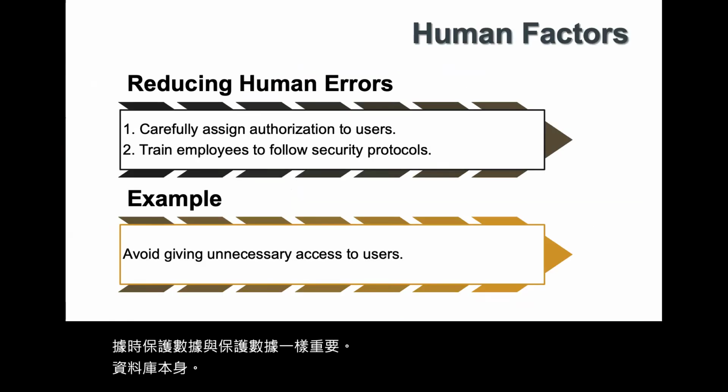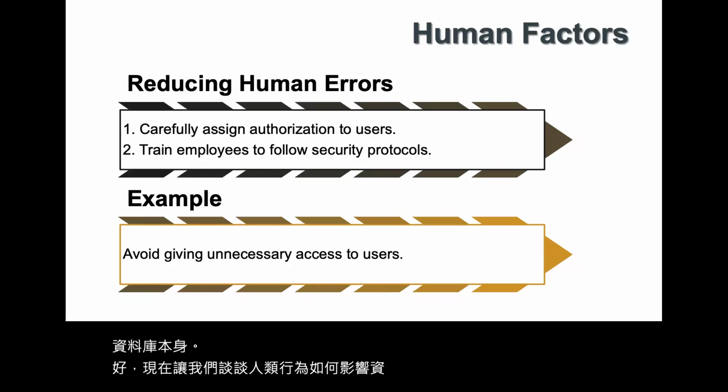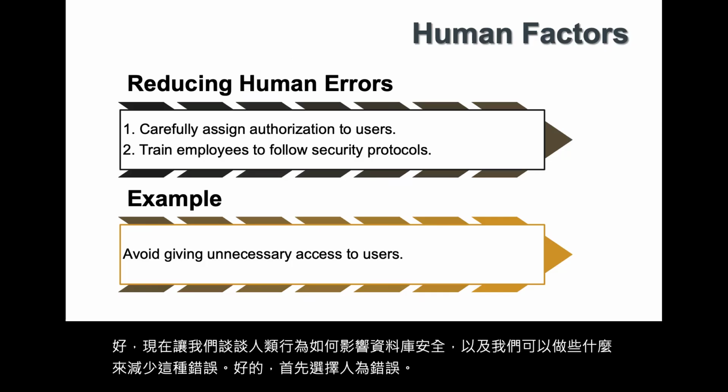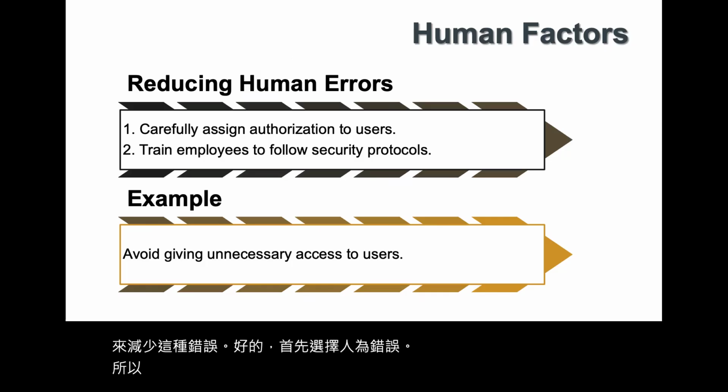Okay, now let's talk about how human behavior can also affect database security and what we can do to reduce these kinds of mistakes. First, by reducing human error. This means we need to carefully assign authorizations to the users.